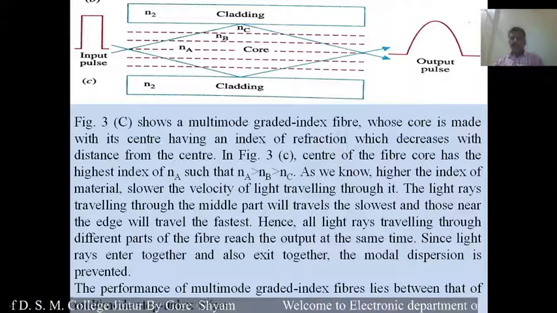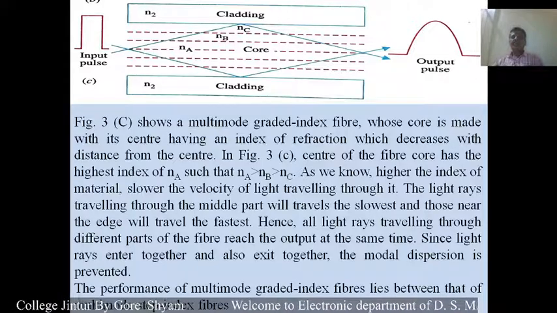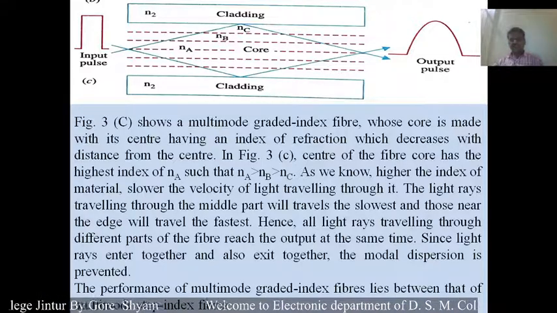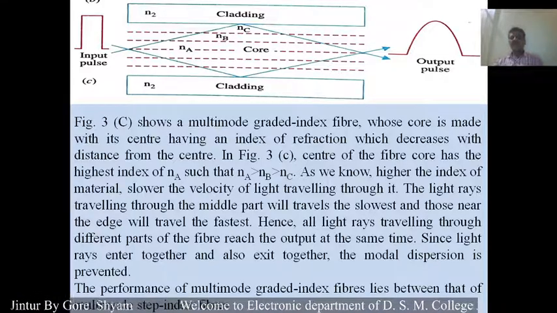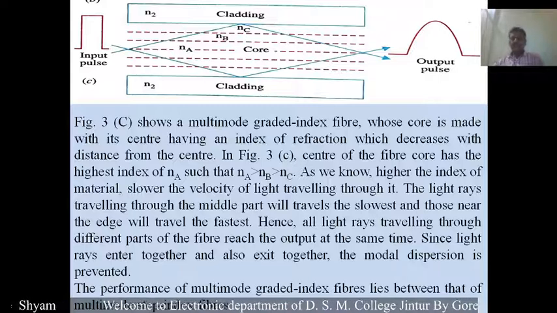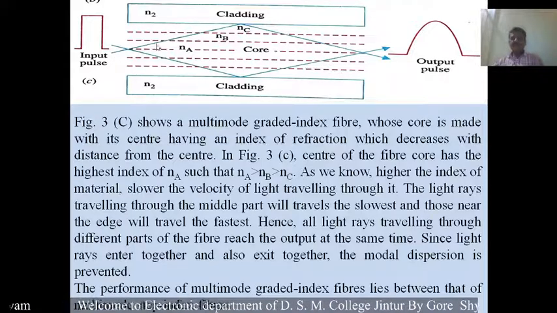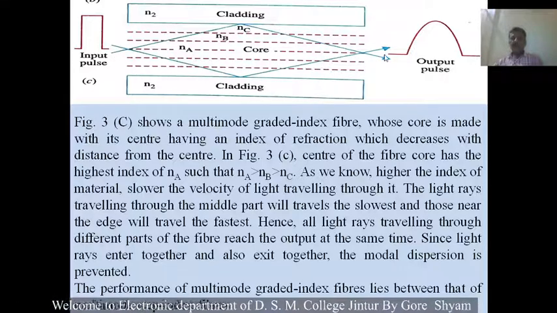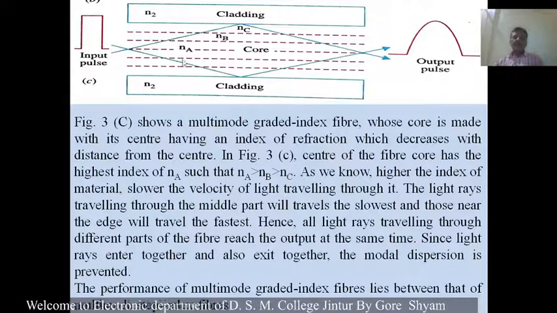If the refractive index is more, then the speed of light is less. If the refractive index is less, then the speed of light is more.